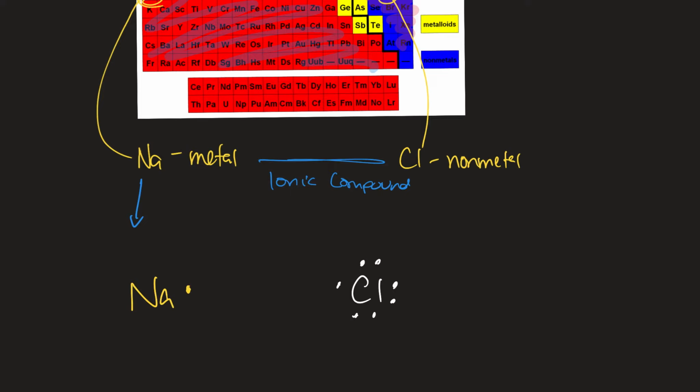Due to electronegativity and so on, the sodium will transfer its electron to chlorine. Remember, when sodium wants to become an ion, it's going to lose its electron. Chlorine, when it wants to become an ion, is going to gain an electron. So sodium is going to lose its electron, or give its electron, to chlorine.